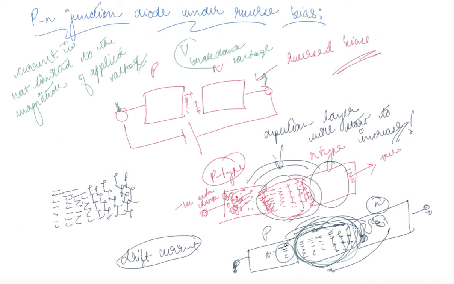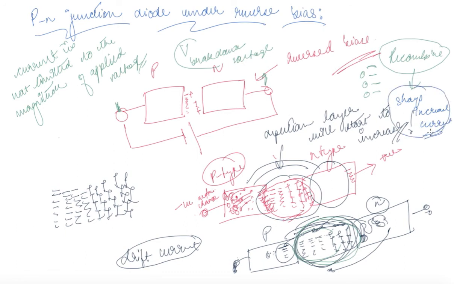As soon as it overcomes this barrier, the electrons and the holes start to recombine among each other. And when this recombination takes place, there is a sharp increase of current.